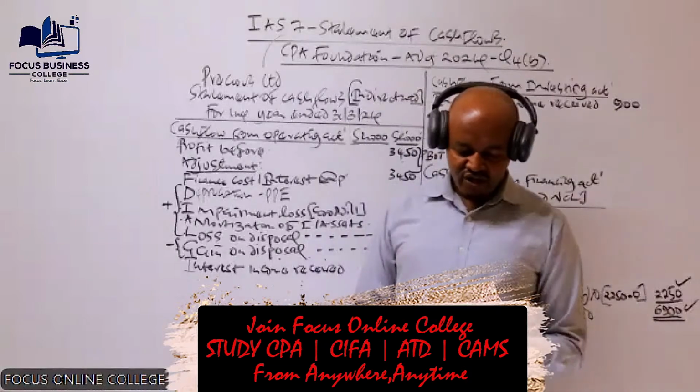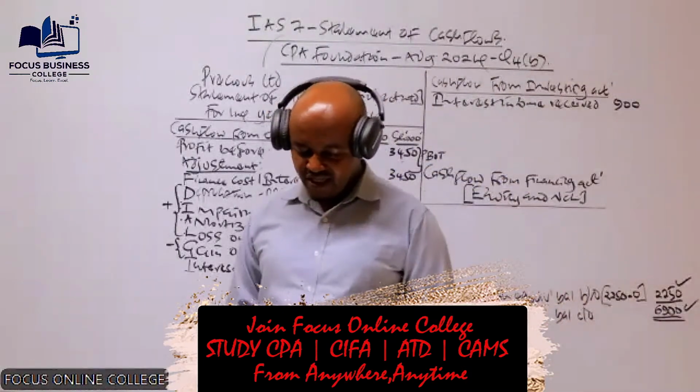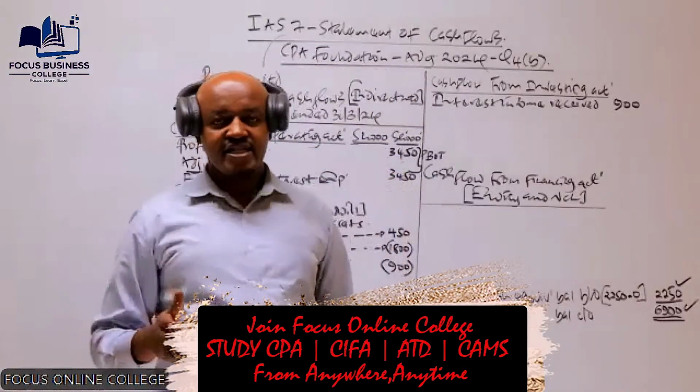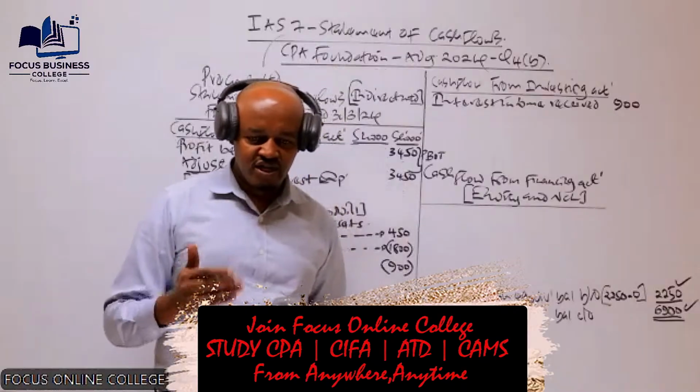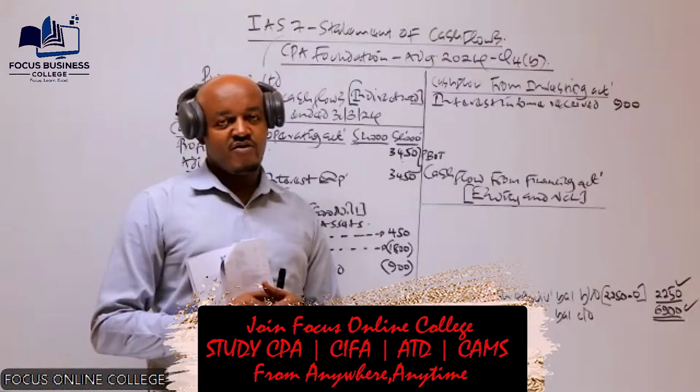In additional information number 1, we are told Precious Limited purchased investment worth 11.7 million during the current year. So this company purchased investment, which is a form of asset.